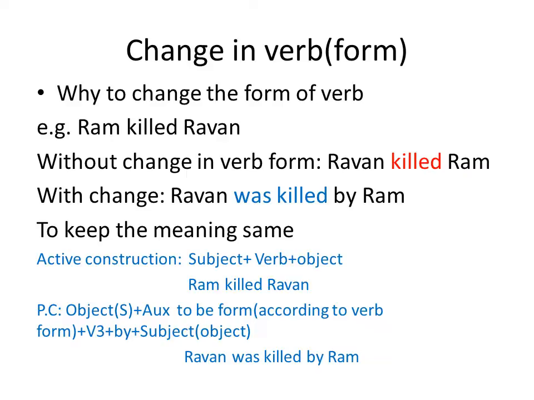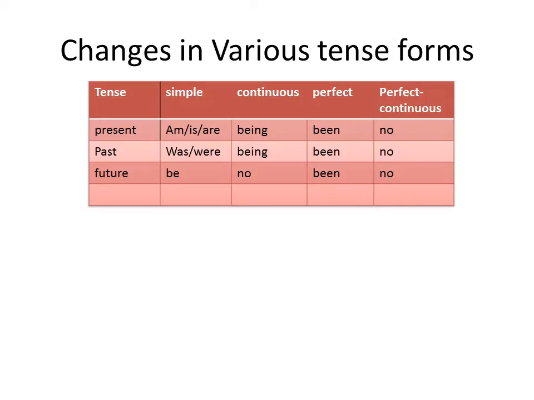So let's see the next slide. What type of changes occur in various tense forms? In simple present tense, we use am, is, are in passive construction.